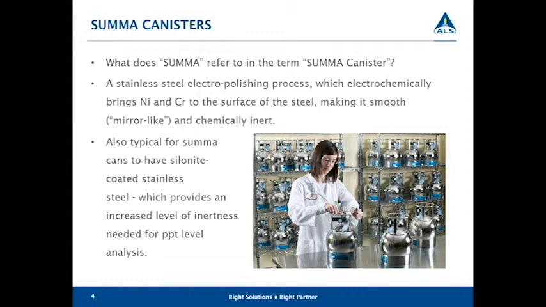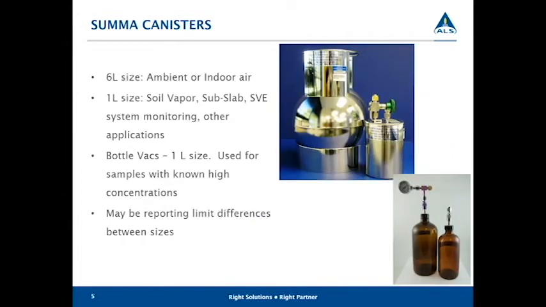Another typical term for summa cans is to have a silanite-coated surface. You may have heard that out there, and that provides an increased level of inertness for part per trillion, or really ultra-low level analysis. So summa canisters, different sizes and types, here at the laboratory.